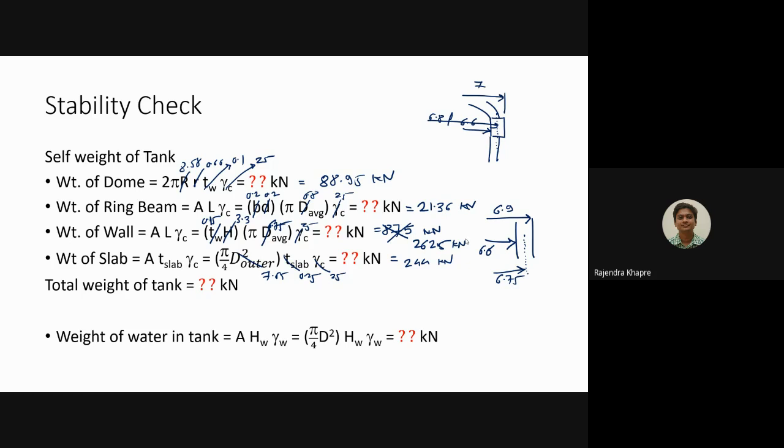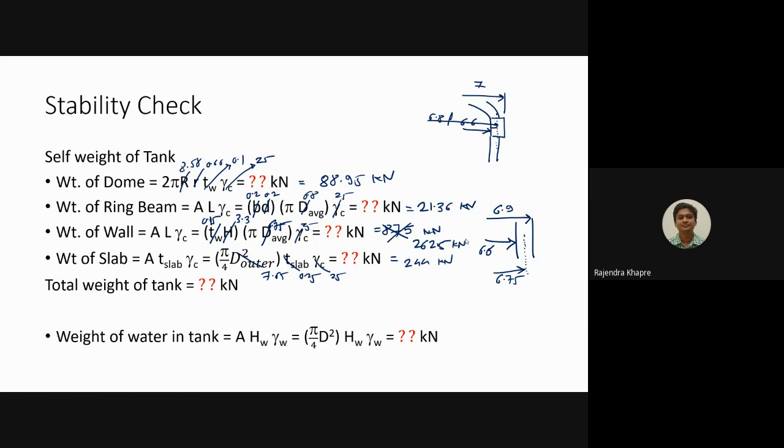So now we have the weight of dome, weight of ring beam, weight of wall and weight of slab. So just sum them up and give me the total weight of the tank. कितना आ रहा है?